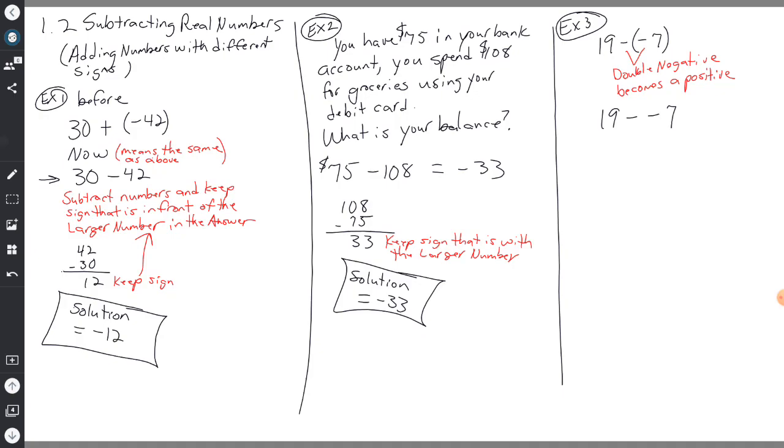We just hold it in parentheses so that you can see it. The parentheses don't have any significance other than to hold that value. So a double negative becomes a positive, and we would rewrite this as 19 plus 7.